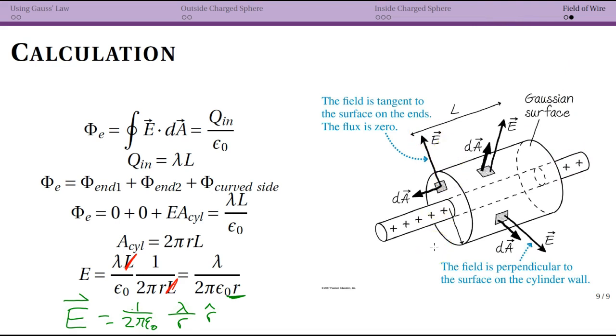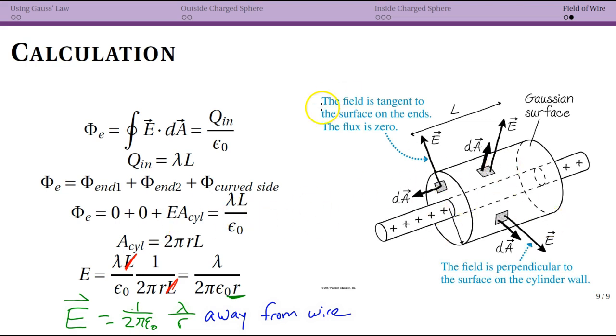Now one thing that gets a little confusing is this isn't r hat in a spherical coordinate system, it's r hat in a cylindrical coordinate system. So I would still write it this way, but the book, for instance, might say away from wire. Okay, so you know that it's pointing out radially in a polar coordinate system, but not in a spherical coordinate system.